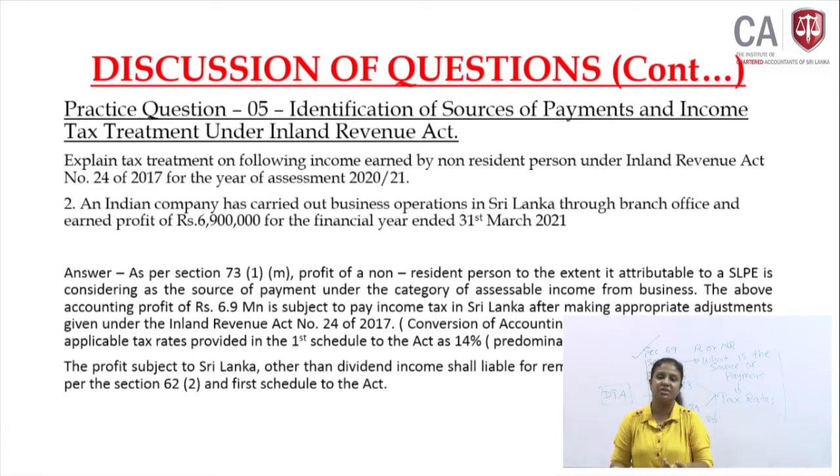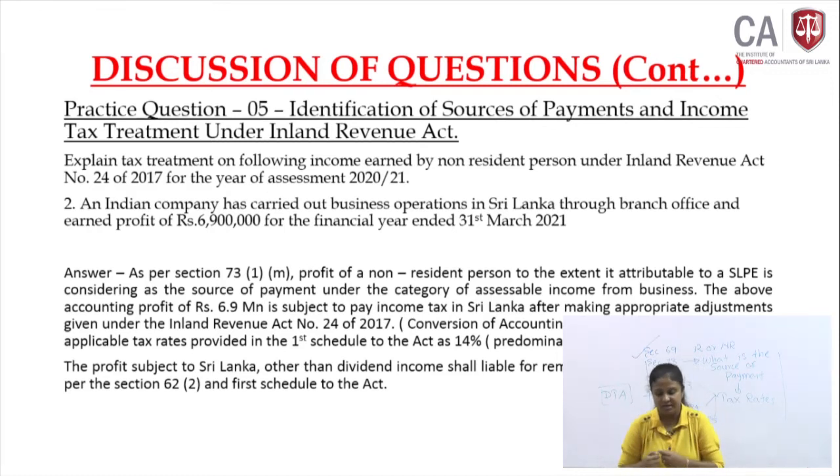all the provisions that you all know for resident company taxation are equally applicable here. Conversion of accounting profit to business income. Very simply, the applicable tax rates provided under the first schedule to the Act may be 14% based on the predominantly concept, and the normal tax rate of 28% is applicable.